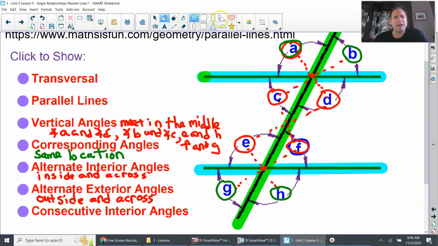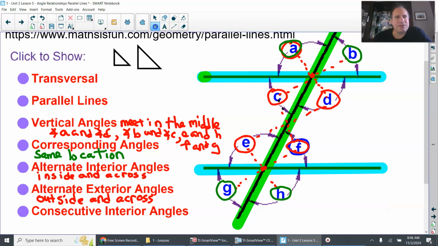So if we're talking about two triangles, just remember corresponding angles are in the same location. We've said that a number of times. So if you have a right angle in the smaller triangle, the right angle here would be equal to that right angle. They're both equal to 90 degrees.